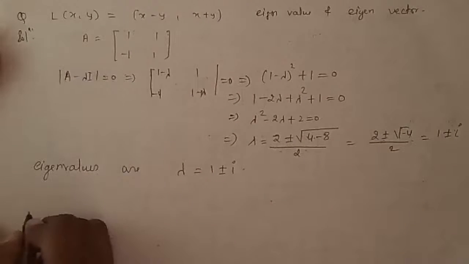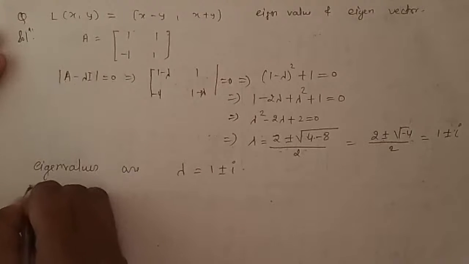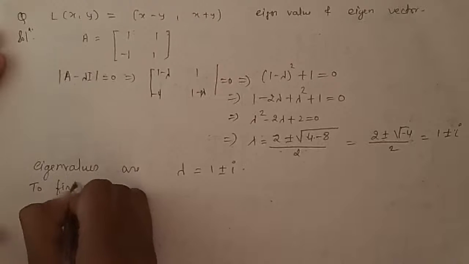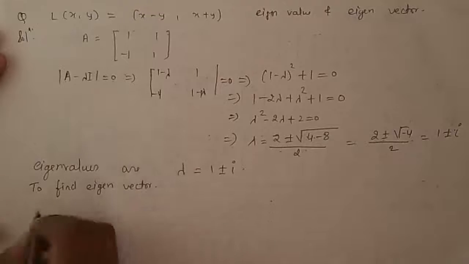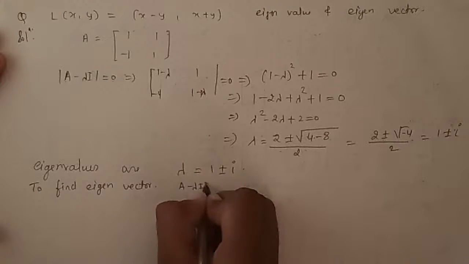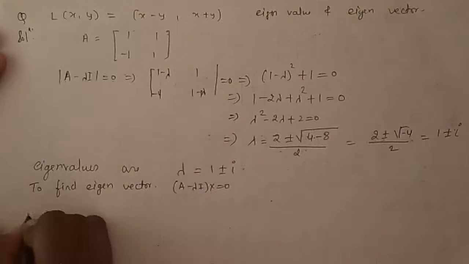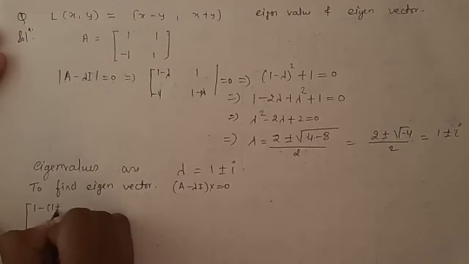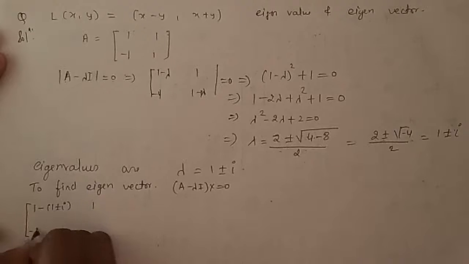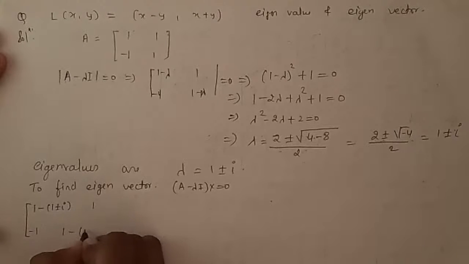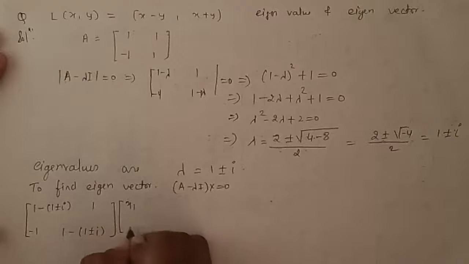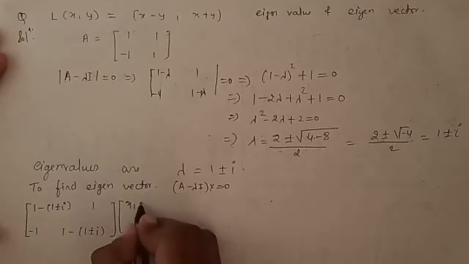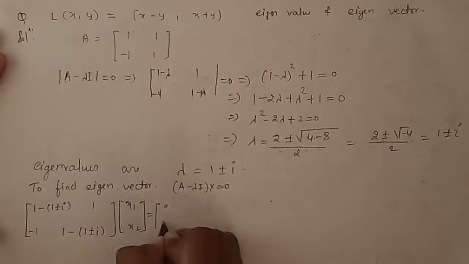Now to calculate eigenvector, we have (A minus lambda I) x is equal to 0. So we have 1 minus (1 plus and minus i), minus 1, 1, 1 minus (1 plus and minus i), times x1, x2 is equal to 0, 0.